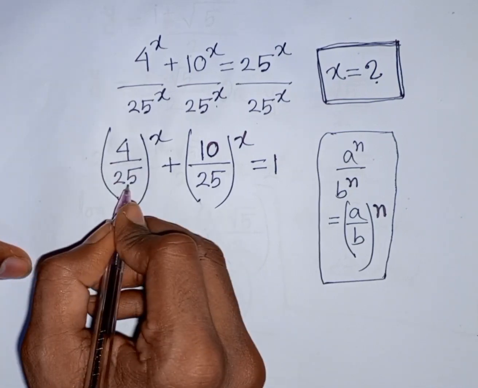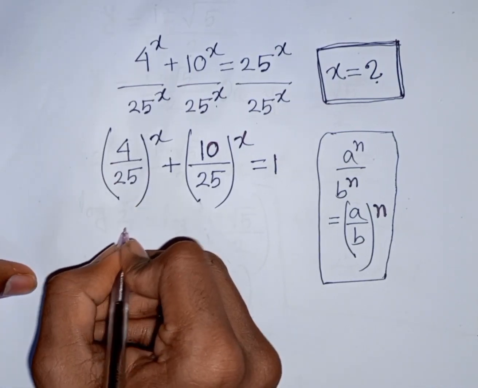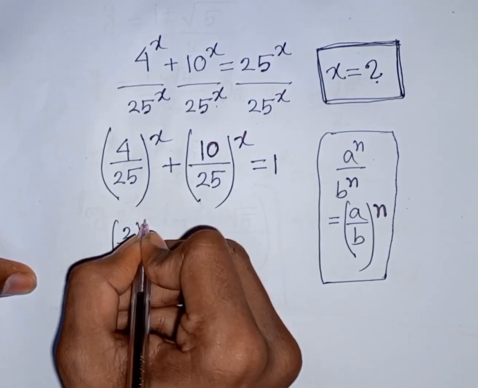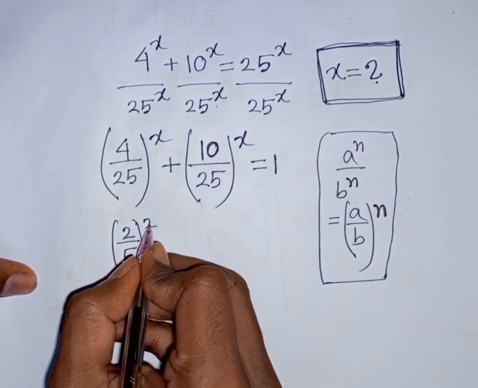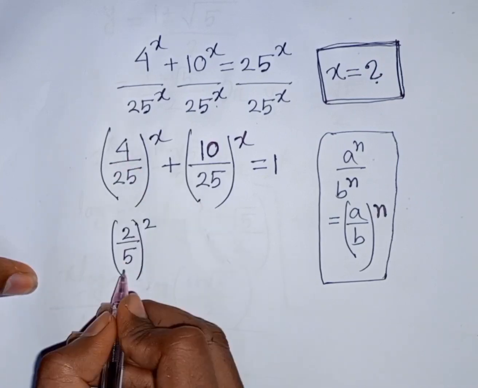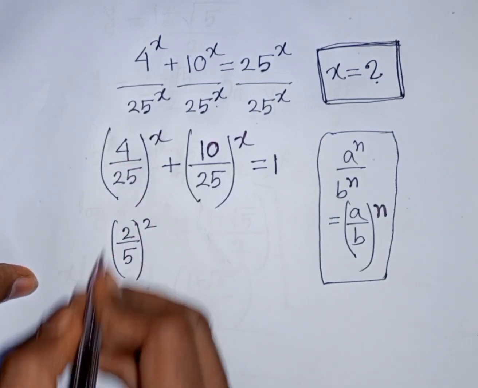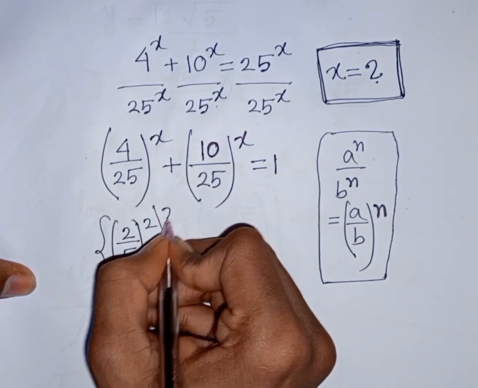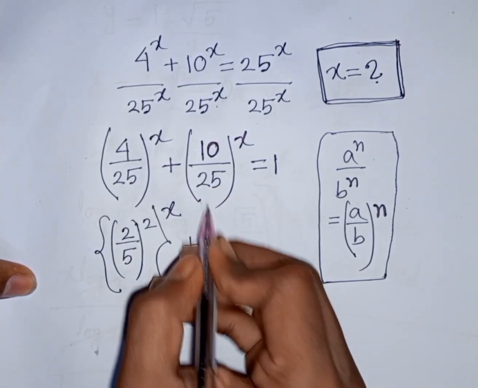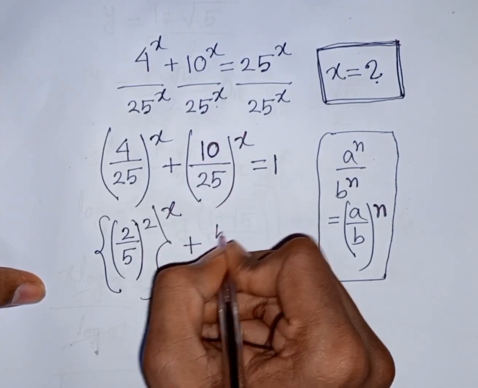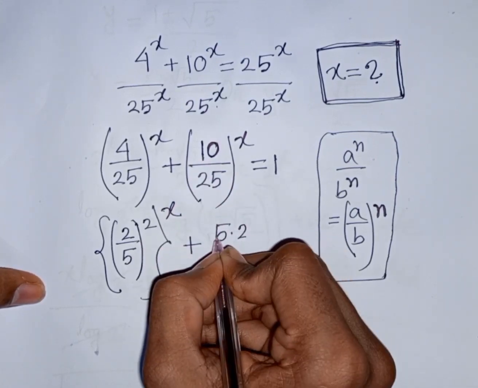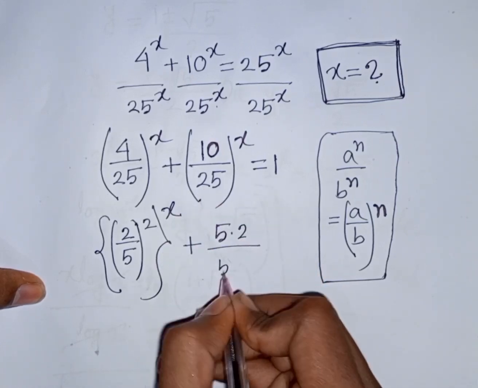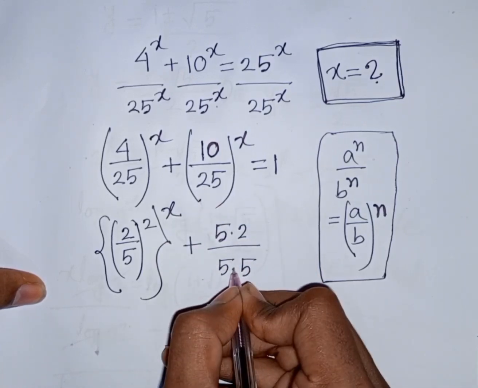Now 4 by 25 can be written as 2 over 5, then bracket power of 2. 2 square is the same as 4, 5 square is the same as 25. Then the first bracket can be written as second bracket, then power of x plus 10 is the same as 5 times 2 over 25 can be written as 5 times 5.